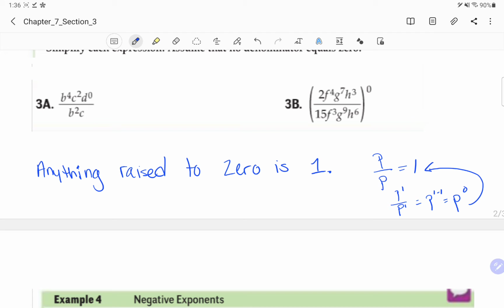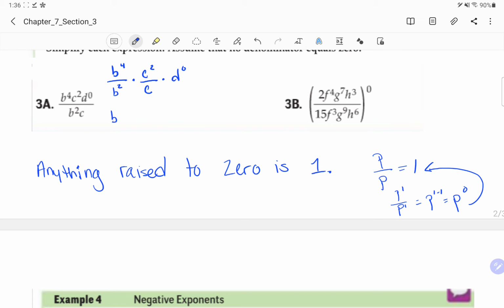So let's look at 3a here. We have b to the 4th, c squared, d to the 0, b squared over c, and then c. So I'm going to break this up. B to the 4th over b to the 2nd times c to the 2nd over c times d to the 0. All right.